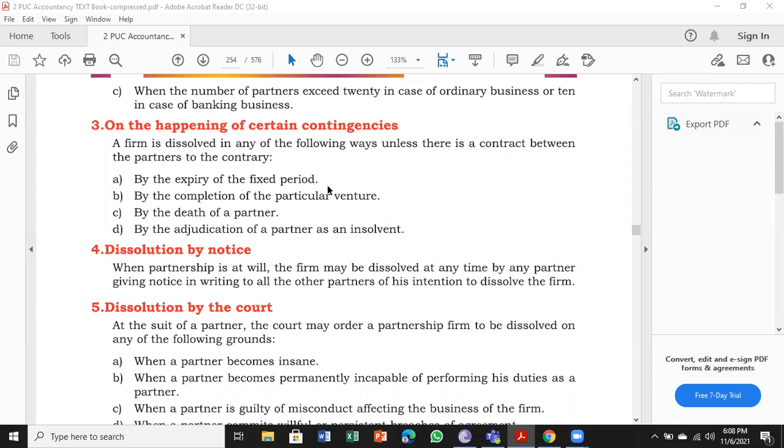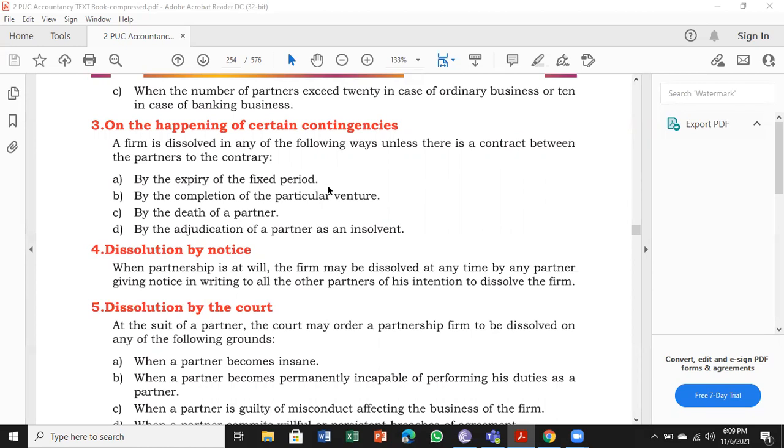Next, on the completion of a particular venture, is called particular partnership. After doing that particular business, particular activity, once that activity is completed, the business is to be closed. It happens with different construction organizations.